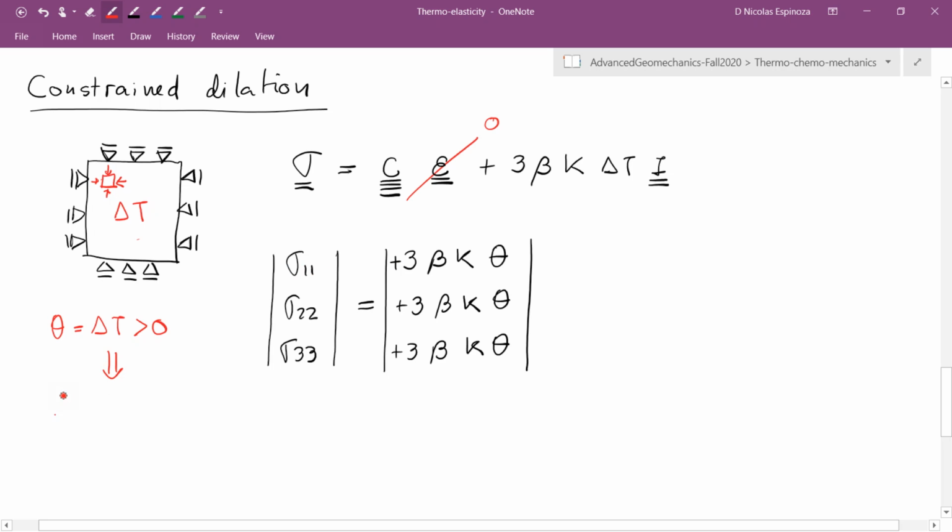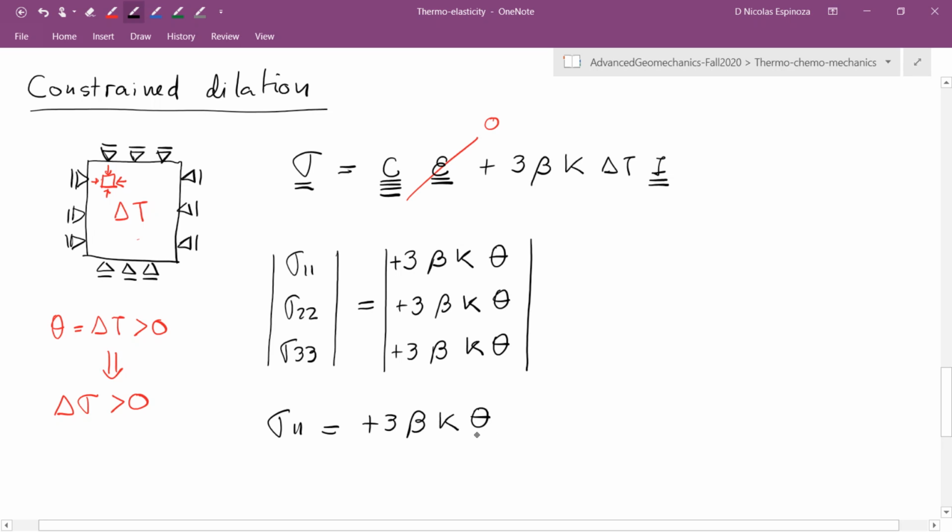And that means that your change of stress will also be positive, or you will have more compression according to the geomechanics convention for signs. And let's just pick one of these answers. For example, sigma 11.